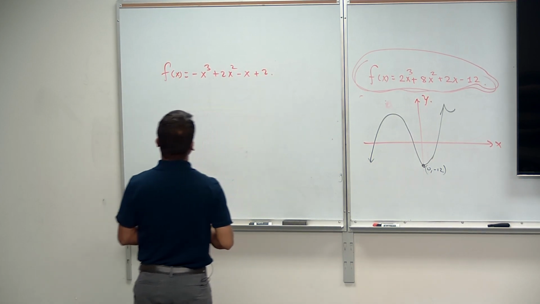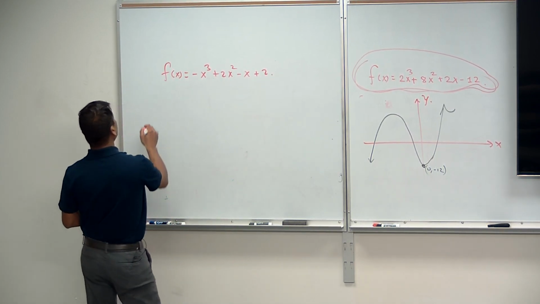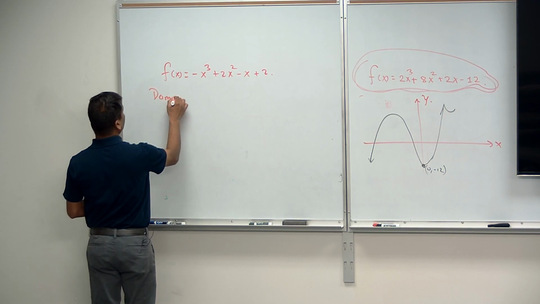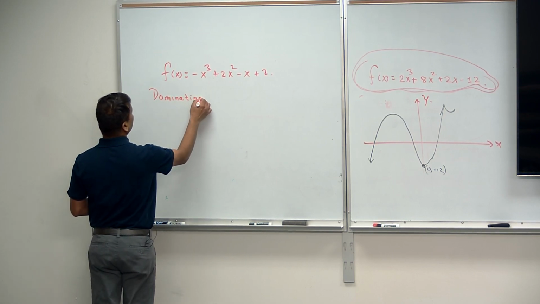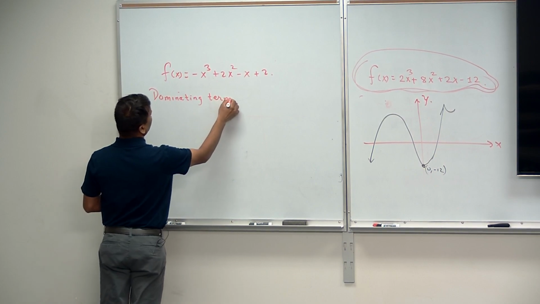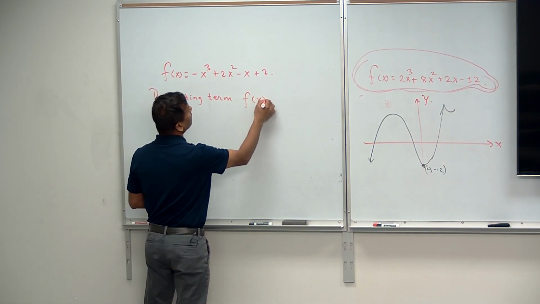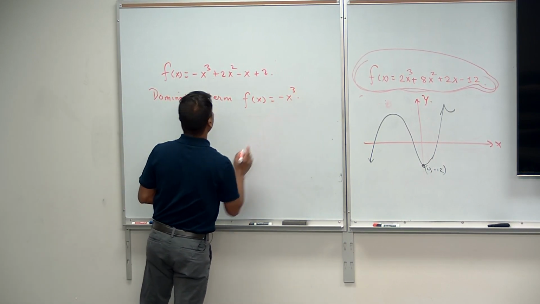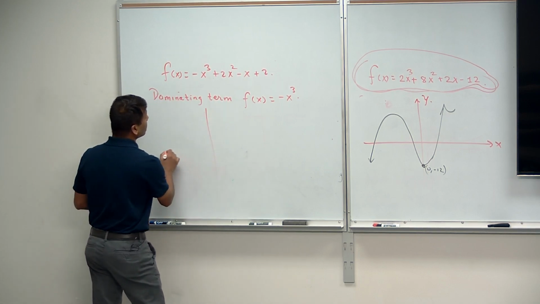So what is the dominating term? Exactly. The dominating term is, let's write the function, f(x) equal to negative x cubed. And you guys know the graph of f(x) equal to negative x cubed.